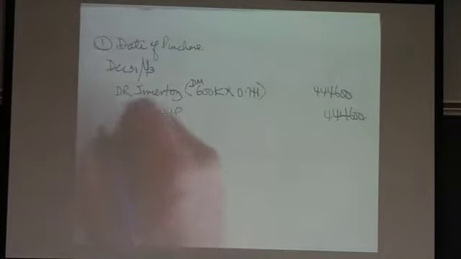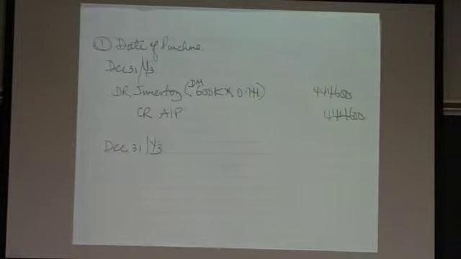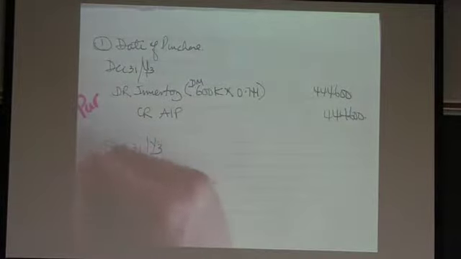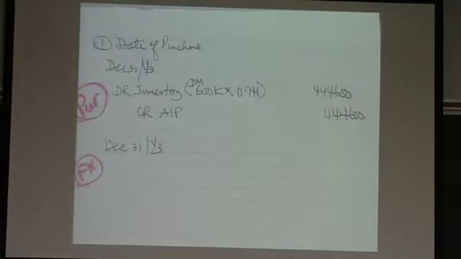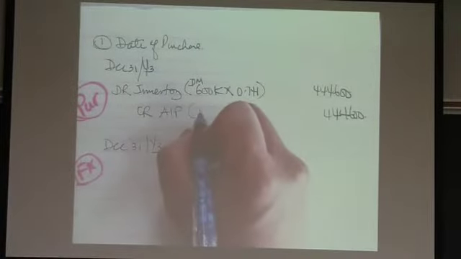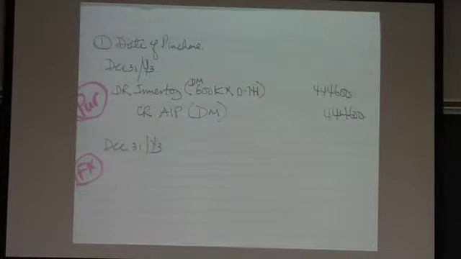Now, on December 3rd, we're going to record the forward contract. So this is the purchase of FX. So think about this: we have an obligation in foreign currency units.